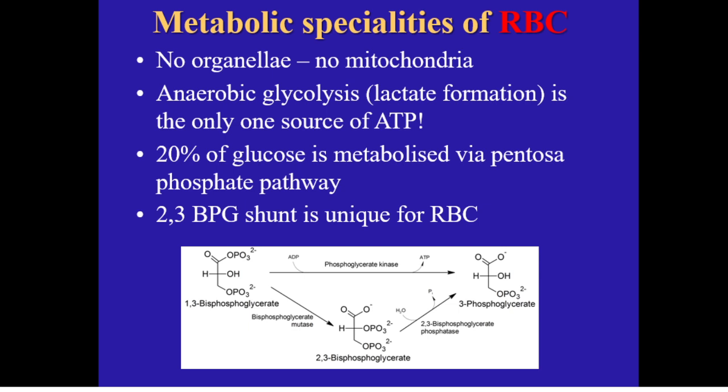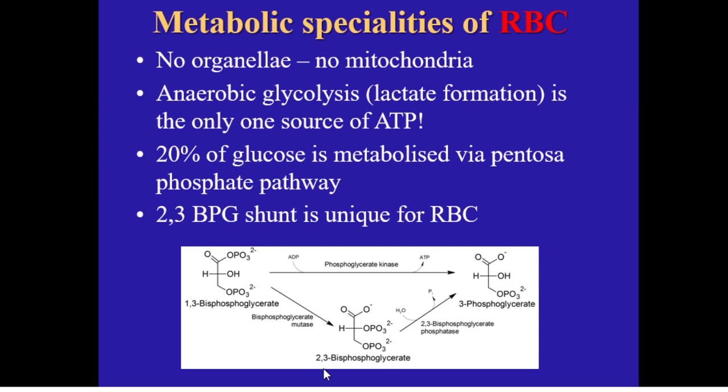In this reaction, normally 1,3-bisphosphoglycerate is converted to 3-phosphoglycerate, and this was the first reaction of substrate-level phosphorylation. You can see that ADP in this reaction is converted to ATP. If you remember, two molecules of 1,3-bisphosphoglycerate are converted to two molecules of 3-phosphoglycerate because previously glucose was cut into two trioses.